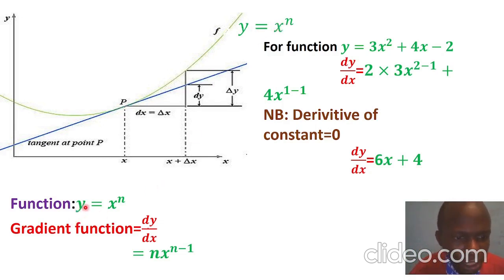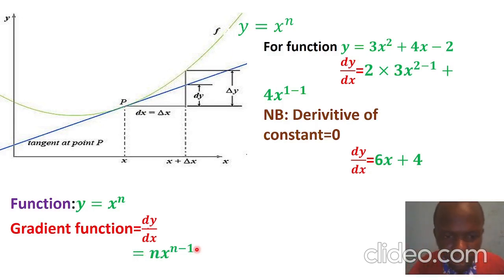So if the function is y equals x to the power n, the gradient function is just the same as saying dy over dx. Now dy is the change in y, and dx is the change in x. So dy over dx is equal to n multiplied by x to the power n minus 1.